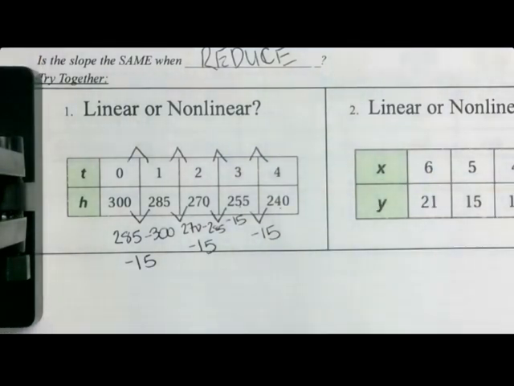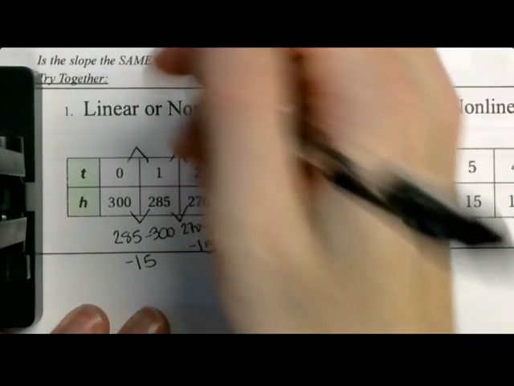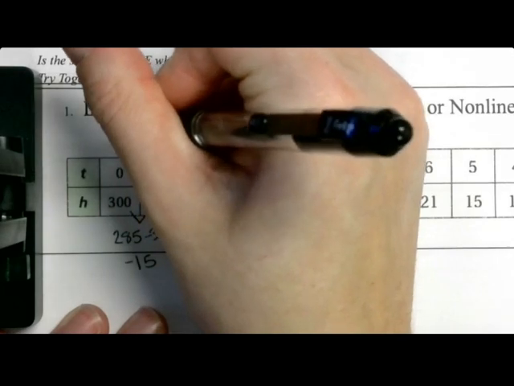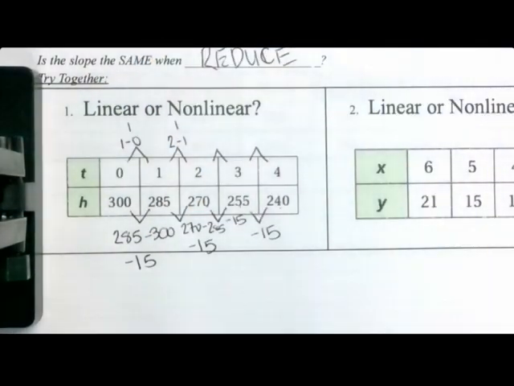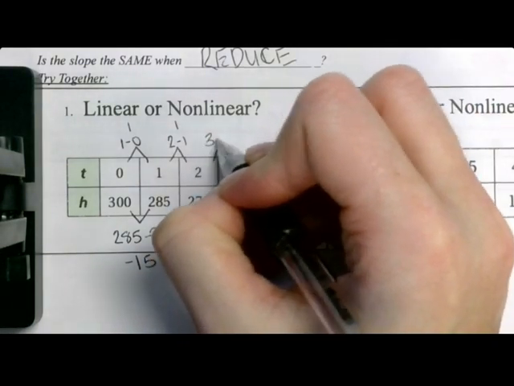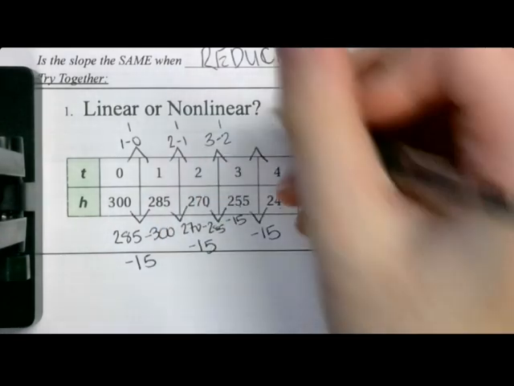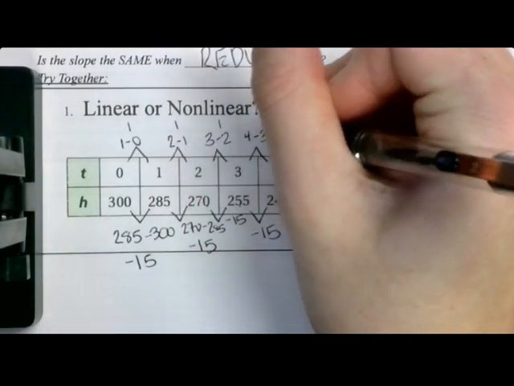That's a good sign. I'm going to do 1 minus 0 and get 1. 2 minus 1 and get 1. 3 minus 2 and get 1. 4 minus 3 and get 1.